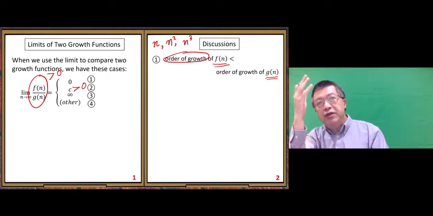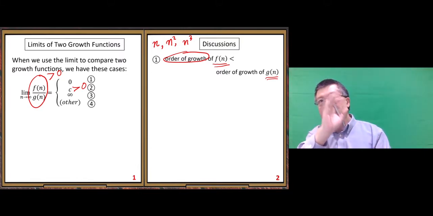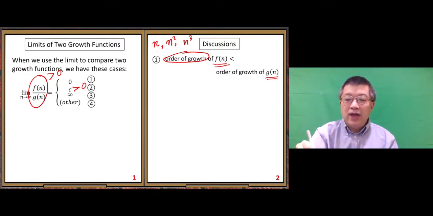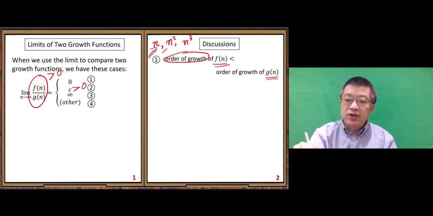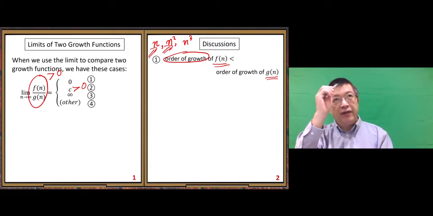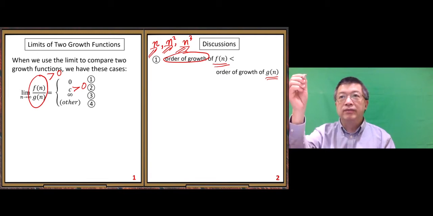There is some order of growth associated with n, with n squared, with n cubed.